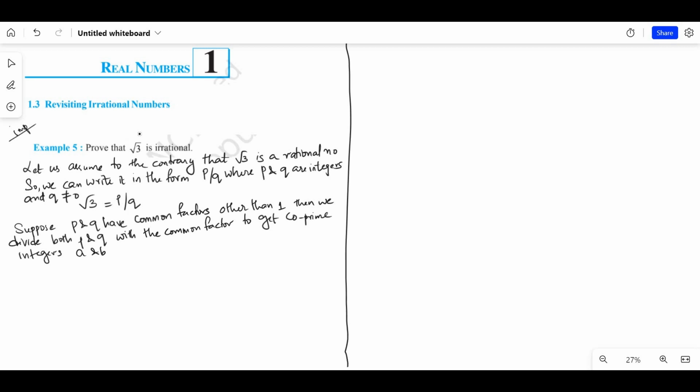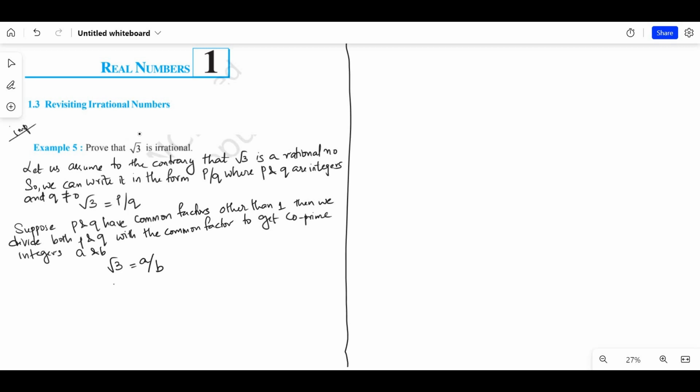So if p and q have any common factors other than 1, we divide both p and q with those common factors to get the co-prime integers a and b. So co-prime integers are those whose common factors are 1. So we can say root 3 is equal to a by b.